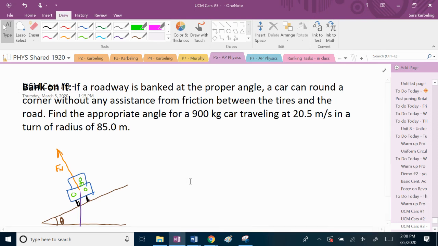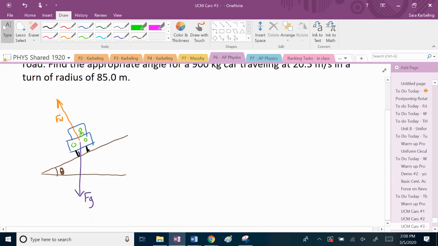You with me here? Okay? Gravity is not pulling it in towards the center of the circle. Part of the normal force is pulling it in towards the center of the circle. So we're mixing things up a little bit, and we're going to break Fn into two pieces. We're going to break Fn into a piece that goes straight up.